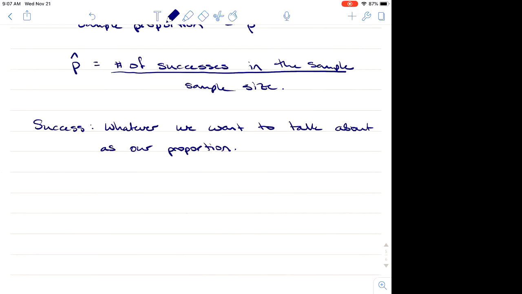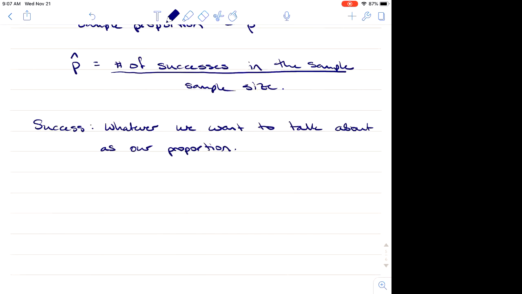Let's say you want to look at the proportion of blue eyes. Someone has blue eyes, that's a success. Anything else would be a failure. What's nice is that it boils it down to success or failure. There's no other options. So you have some number of successes and your total sample size that you looked at.